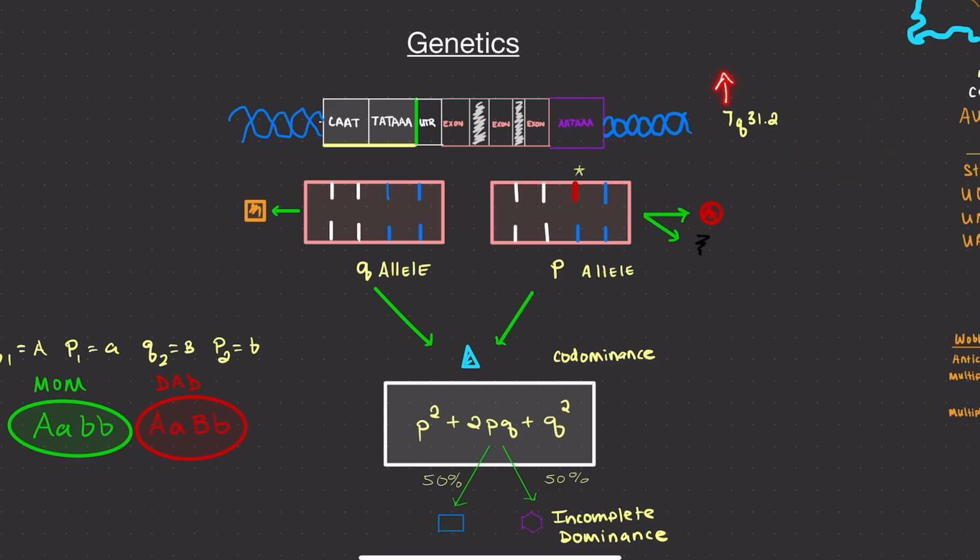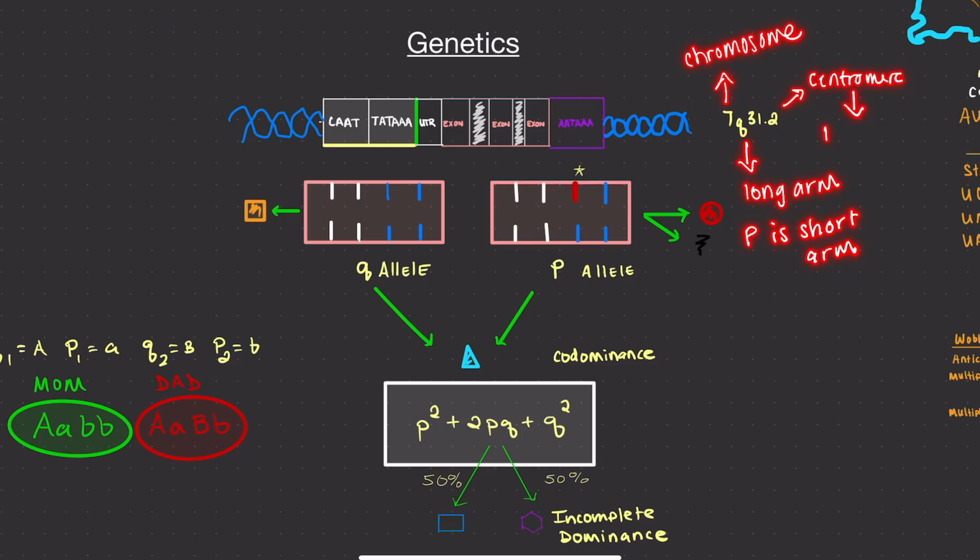For the cystic fibrosis gene, it's typically on the long arm of the 7th chromosome, which is represented by Q, and it is tallied at 31.2, and that's just a number, a quantity to measure from the centromere to the telomere, and it's somewhere in between those two at 31.2.